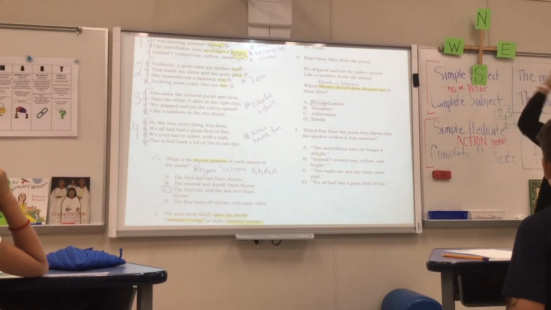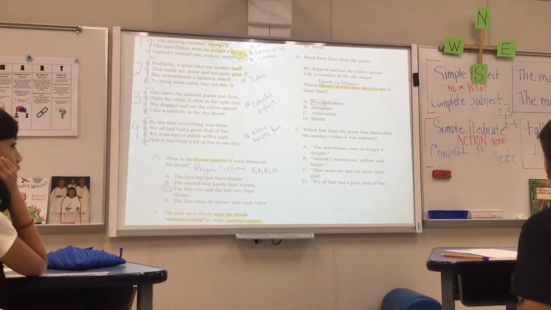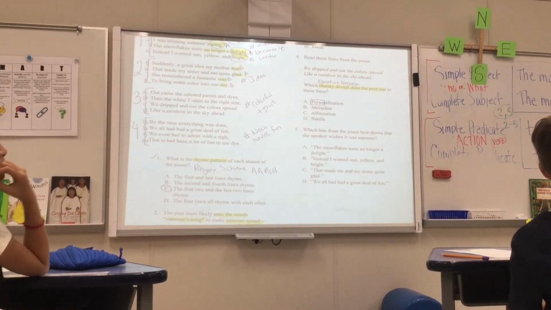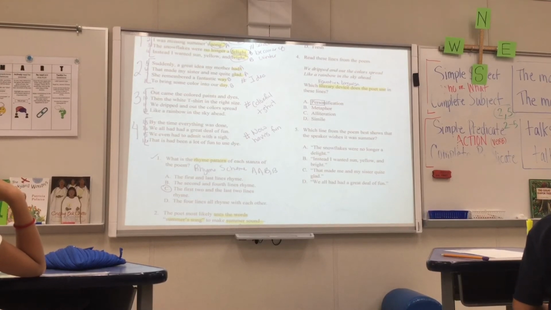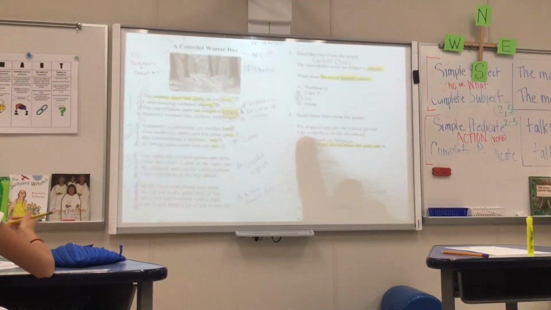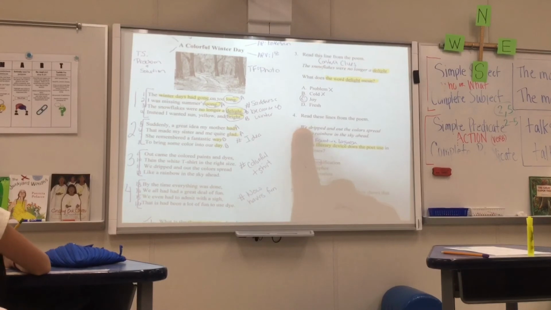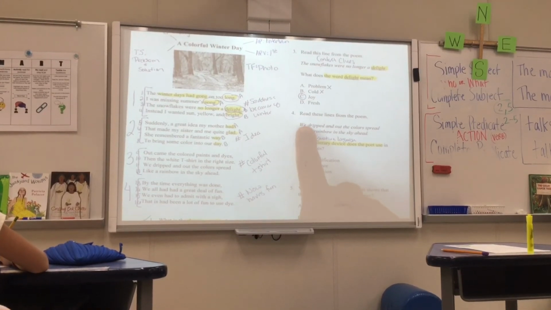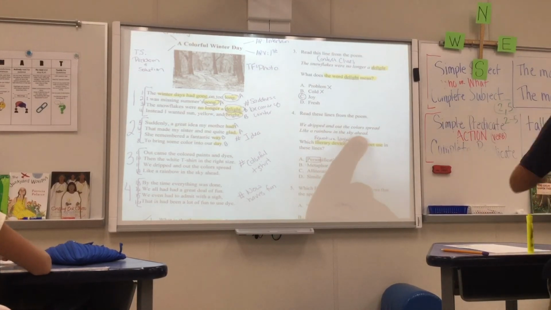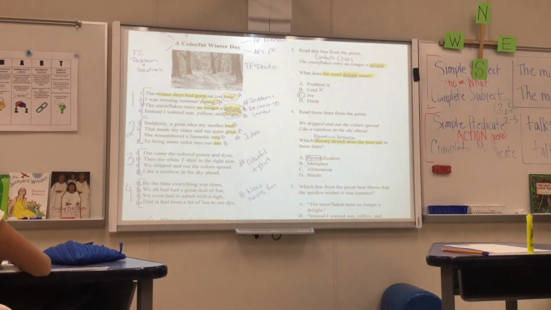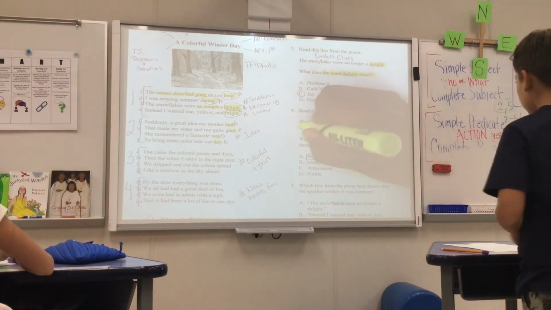What about a simile? Comparing two things using like or as. Okay. So analyze this sentence. And we're going to stop here. We dripped and out the color spread like a rainbow in the sky ahead. You see the word like.